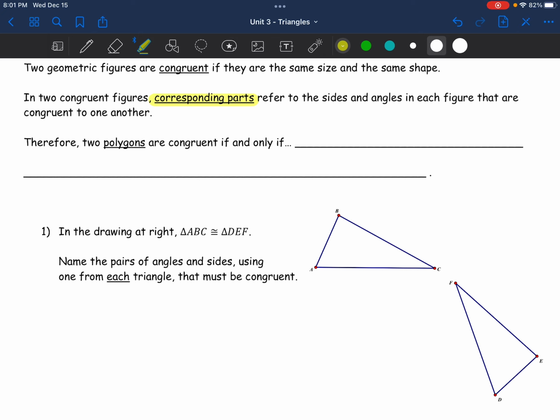So if we have two congruent figures, and you can see down in question number 1 here, we are talking about two triangles that I am told at the beginning are congruent.